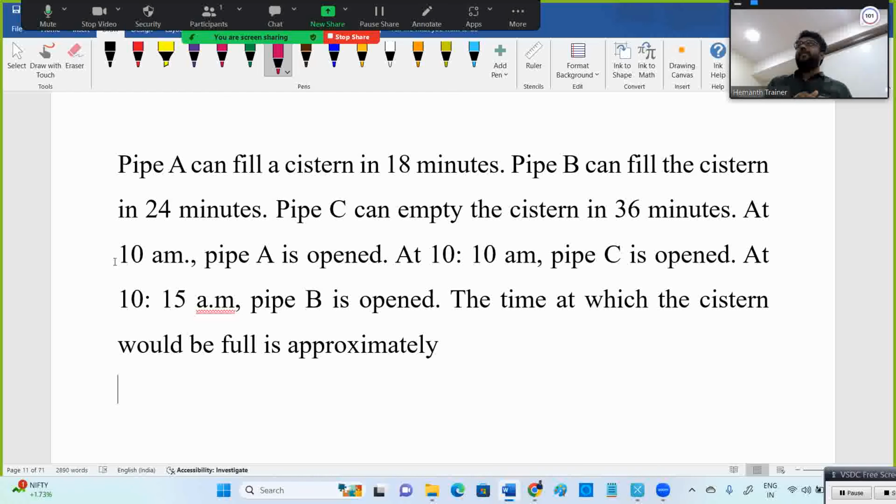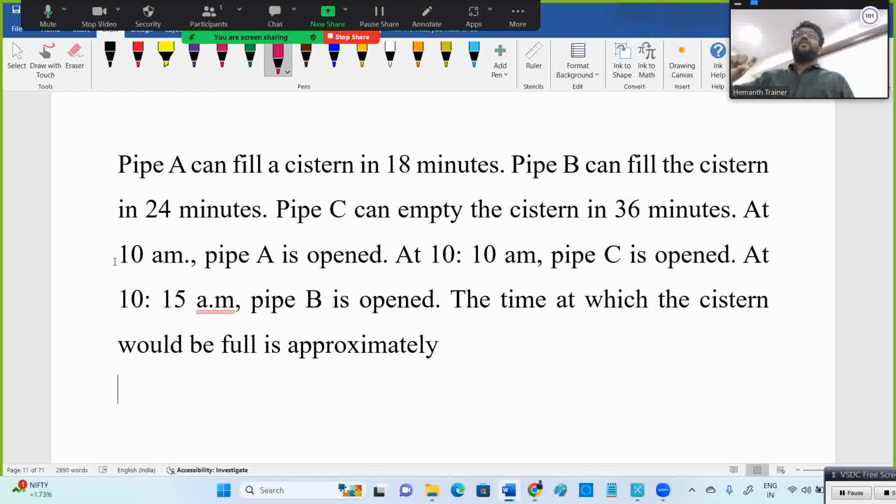A filling it in 18 minutes. B filling it in 24 minutes, but C is empty. So you should understand A filling means from 0 to full. Let's say the tank capacity is 50 liters means from 0 to 50 liters. Pipe A is taking 18 minutes.